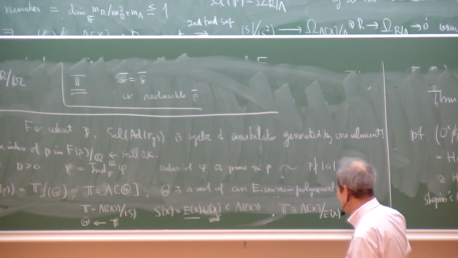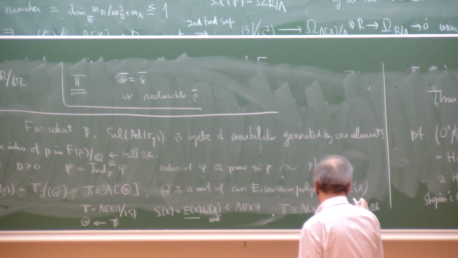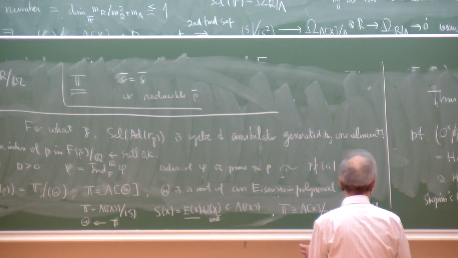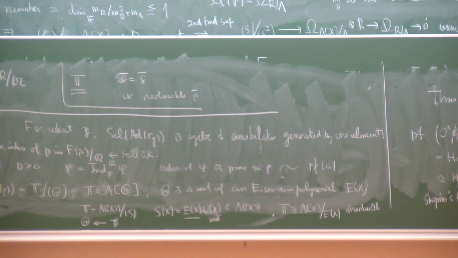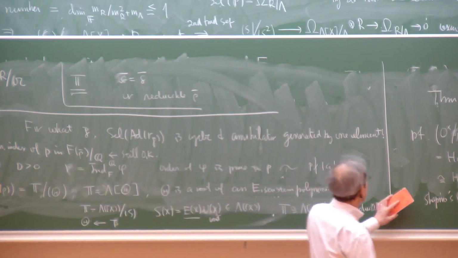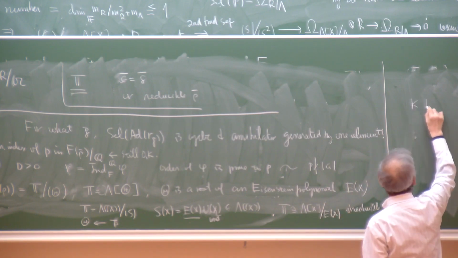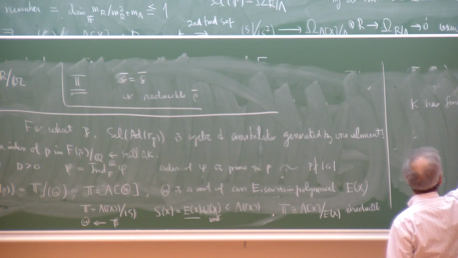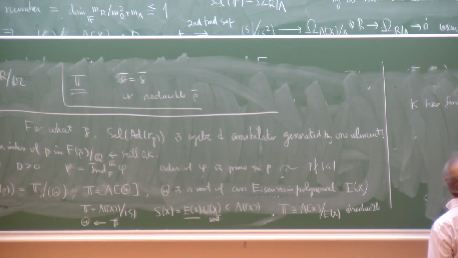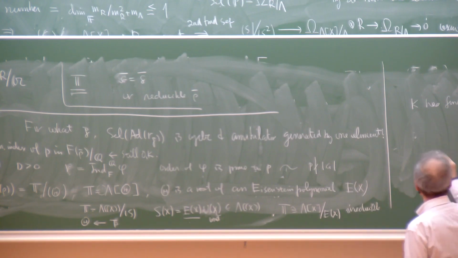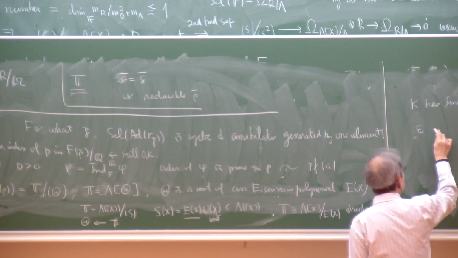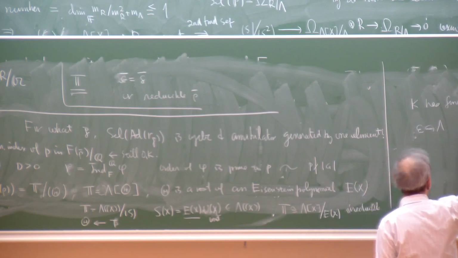What kind of Eisenstein polynomial modulo? Actually, so this K has fundamental unit, say epsilon, and you embed this epsilon into Lambda the following way.